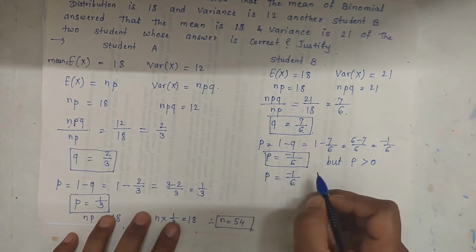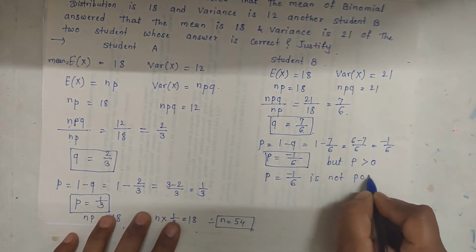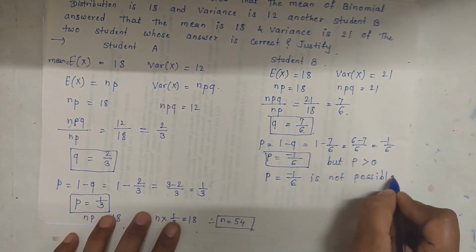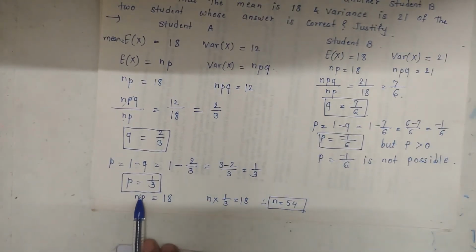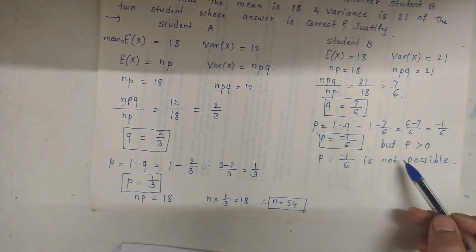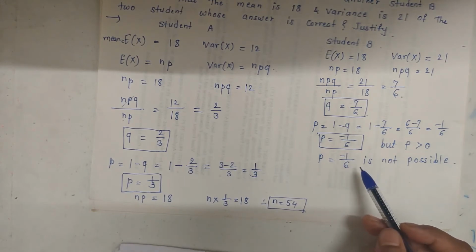For student A, the probability of success lies between 0 to 1, and for student B, the probability of success is less than 0, which is not possible.